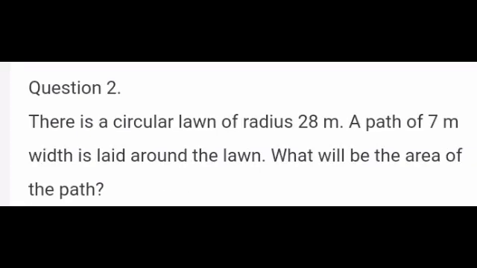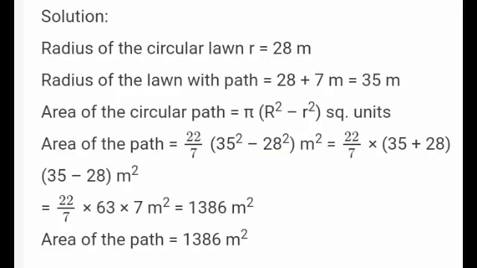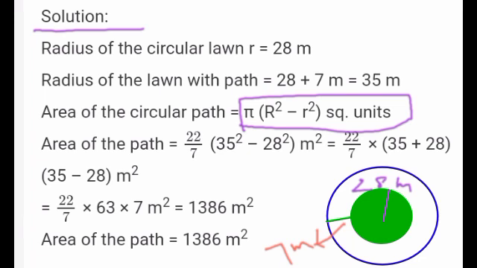Next question. There is a circular lawn of radius 28 meter. A path of 7 meter width is laid around the lawn. What will be the area of the path? Solution: radius of the circular lawn is 28 meter.